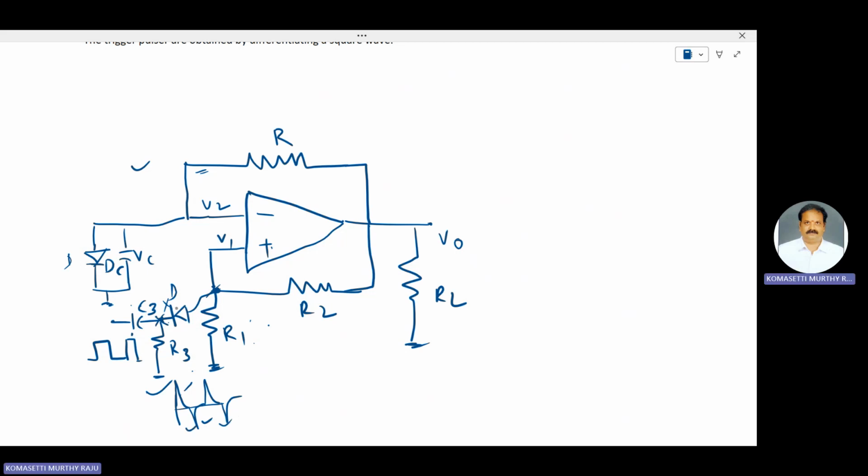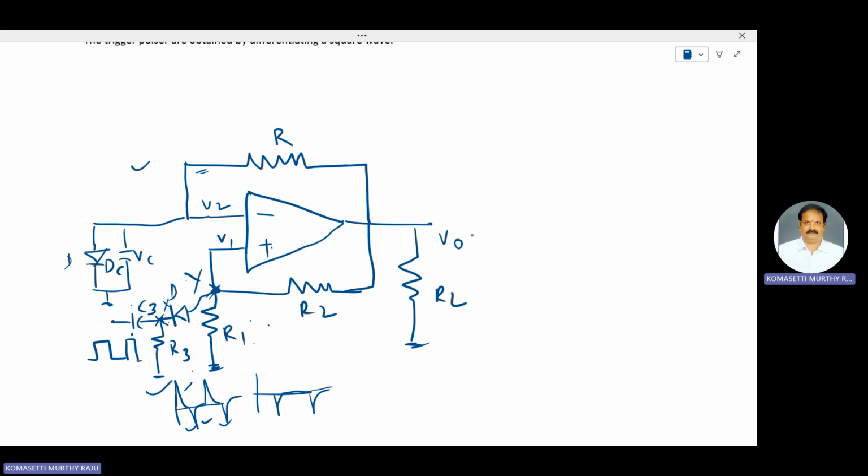For positive going pulses, the diode is reverse biased. This is the point Y. The triggering pulses are like that: negative going triggering pulses, not positive going triggering pulses. For positive going triggering pulses, the diode D is in reverse bias condition.